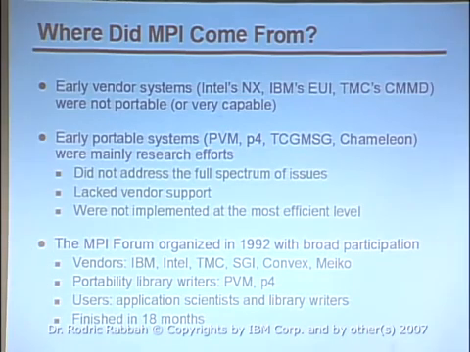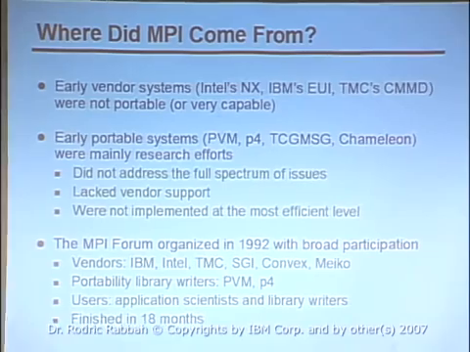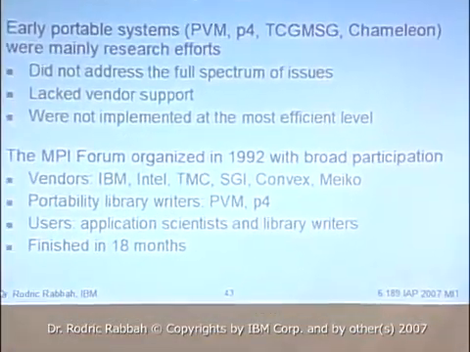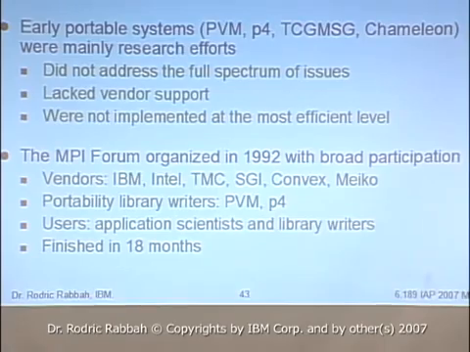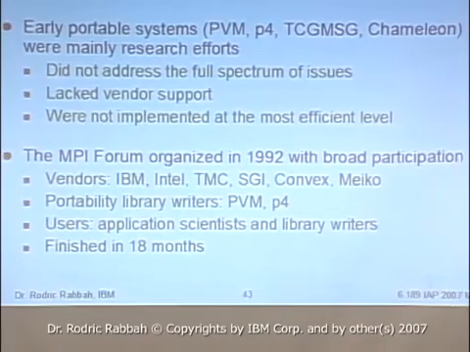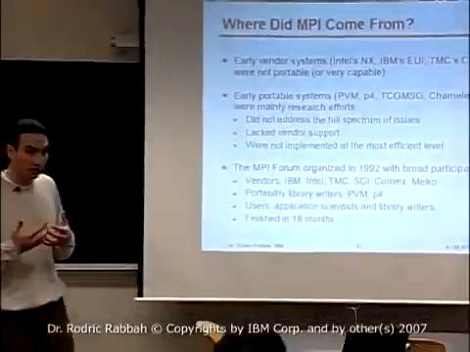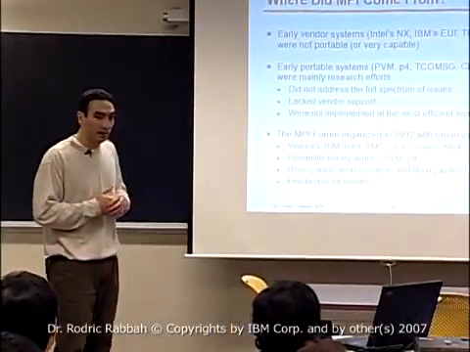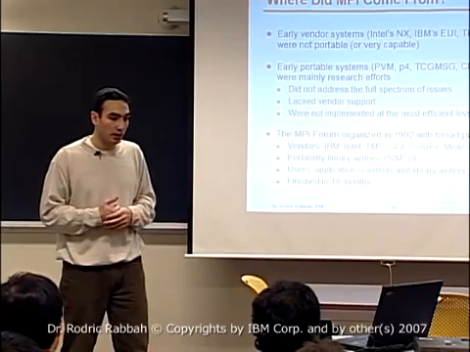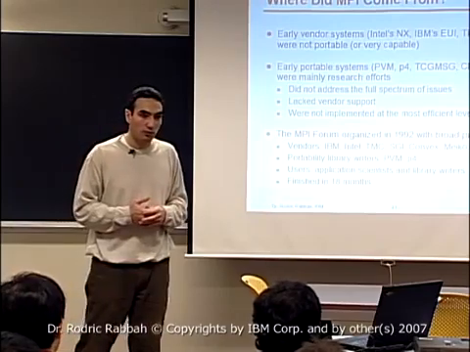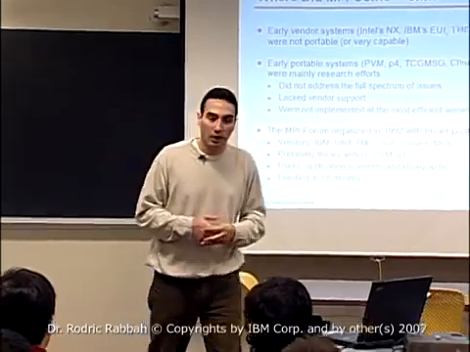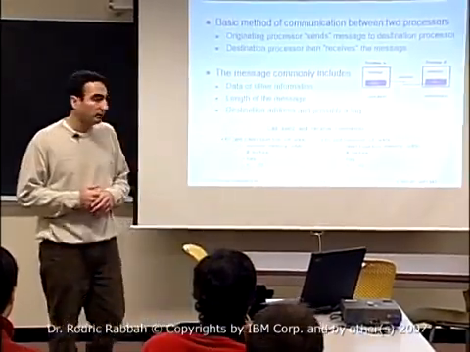The first forum was organized in 1992, and a lot of people participated in it, from vendors, companies like IBM and Intel, people who had expertise in writing libraries, and users who were interested in using this kind of specification to do their computations, so scientific people in the scientific domain. And it was finished in about 18 months. I don't know if that's a reasonably long time or short time, but considering I think the MPEG-4 standard took a bit longer to do, as a comparison point. I don't have the actual data.